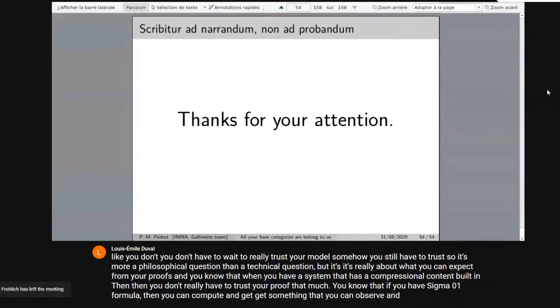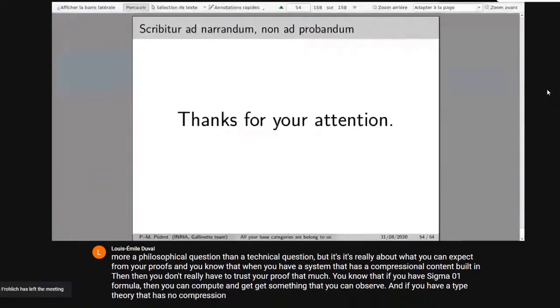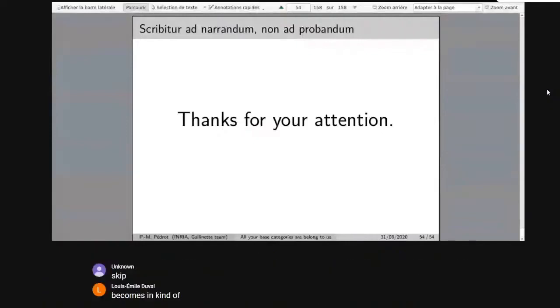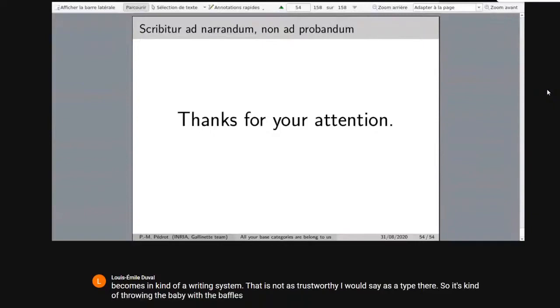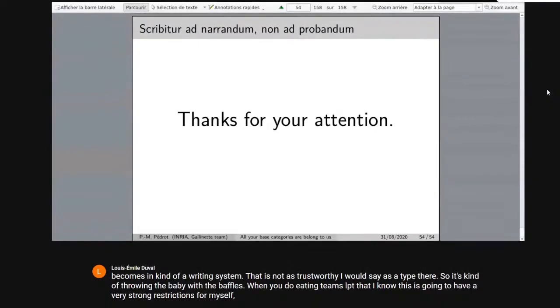And if you have a type theory that has no computational content, then it becomes some kind of rewriting system that is not as trustworthy, I would say, as a type theory. So it's kind of throwing the baby out with the bathwater when you do ETT instead of TT. I know this is a very strong restriction from myself, but this is really a foundational point of view.